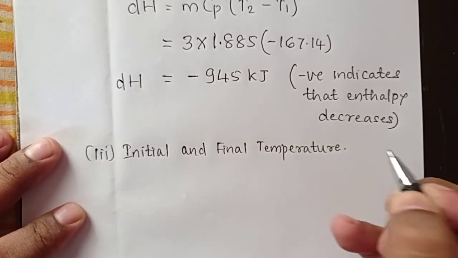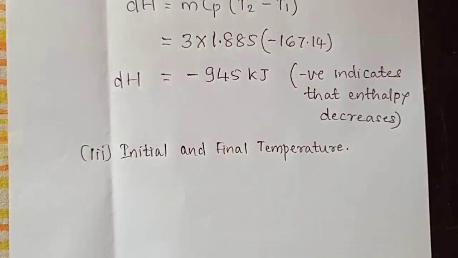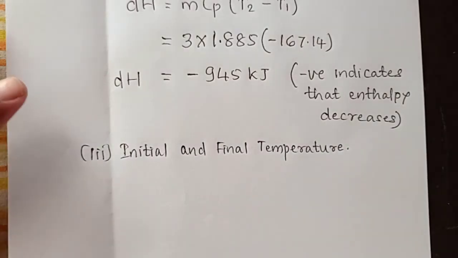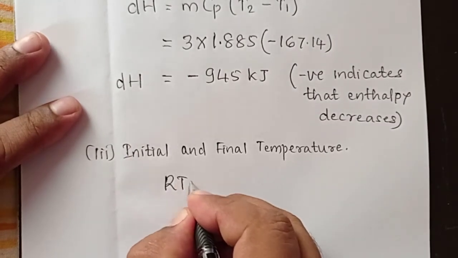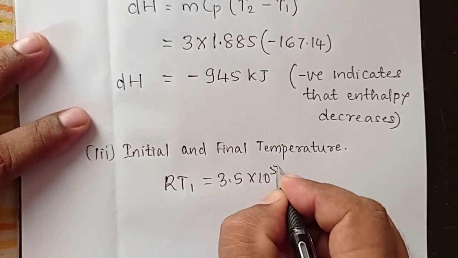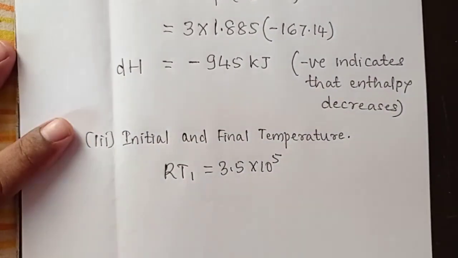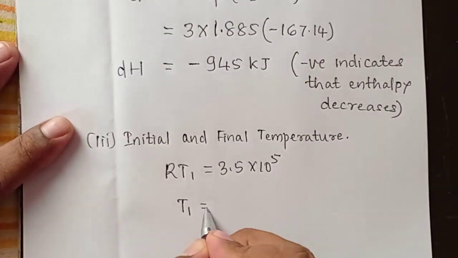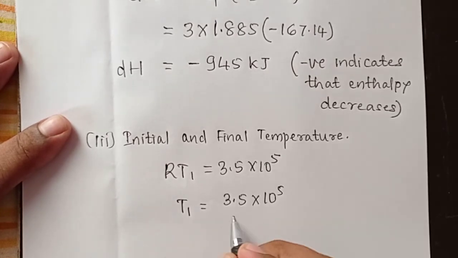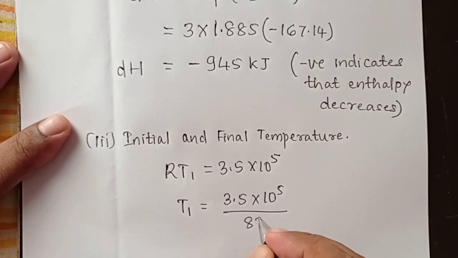So again you can use the same PVT relationship whatever you had used, and find out the value of T. You have the value of R T1 as 3.5 into 10 to the power 5, which you have already calculated. You know the value of R, so find out T1. T1 will be equal to 3.5 into 10 to the power 5 divided by 838.